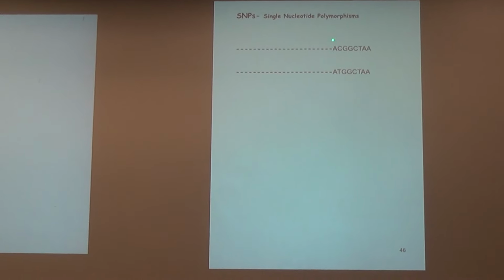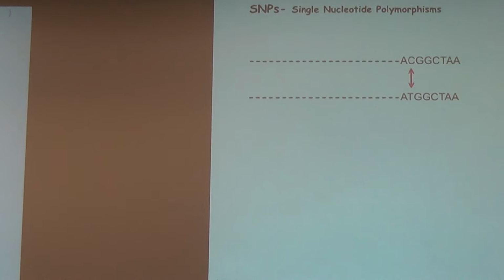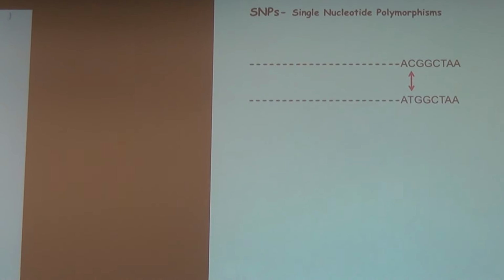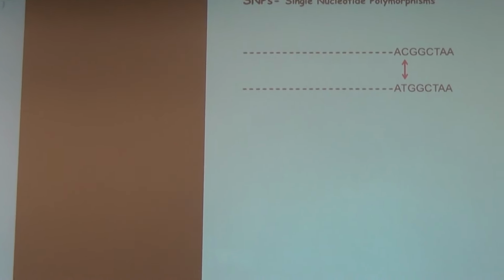All right. So let's imagine here is a sequence. Here is an individual with a sequence A, C, G, G, C, E, A, A. Here is another individual, same bit of DNA, and there is a single nucleotide change, A, T, G, G, C, E, A. This C has converted to a T. It's not a deletion or an addition, it's basically a substitution.